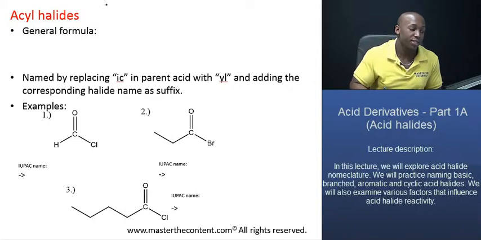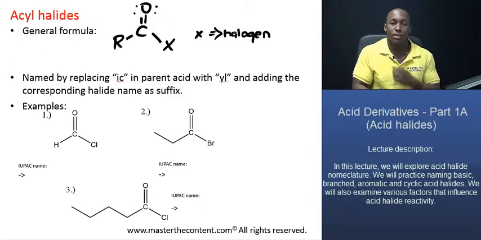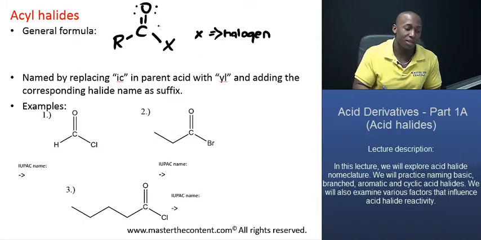They have a pretty simple general formula that looks something like this, where the X can be any halogen. Okay, so for the most part, we'll be dealing with acyl chlorides, but that is a general formula for an acyl halide, where the X can be any halogen.